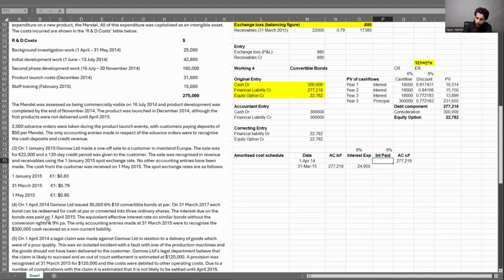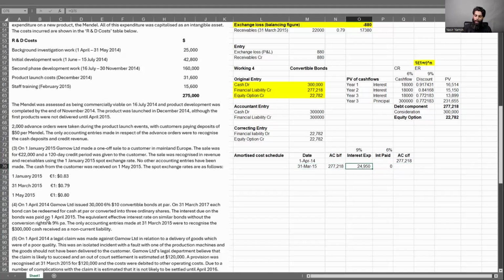That means till the accounting year end, no interest was paid. Yes, you are right, it was supposed to be calculated at 6%, but it was not paid within the year. It was paid on 1st April 2015, the first day of the next accounting period. So technically within 31st March 2015, nothing was paid.